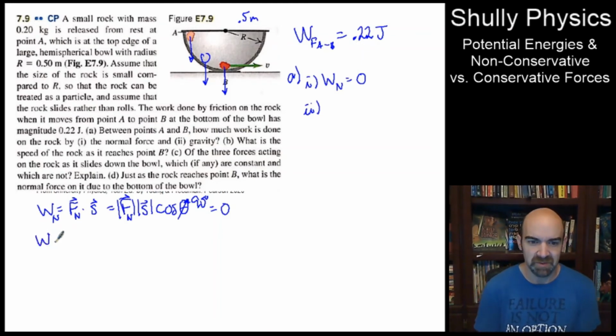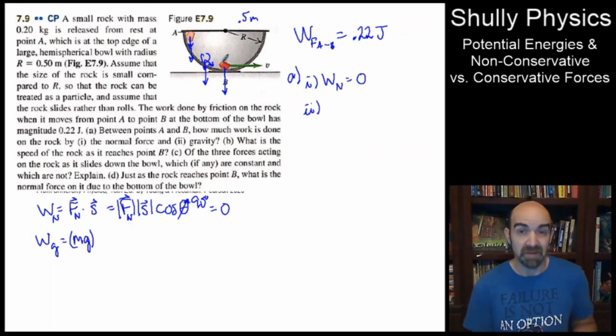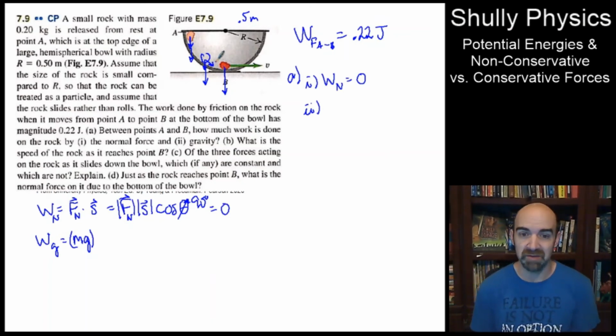Well, if we're now looking at gravity, its weight is mg and it's always downward. But this S component, it sometimes has velocity in the direction of gravity and sometimes less, but there's always a small component of S, except for at point B, where gravity is working on it. So the work done by gravity is non-zero, but we only need to focus on the downward component.